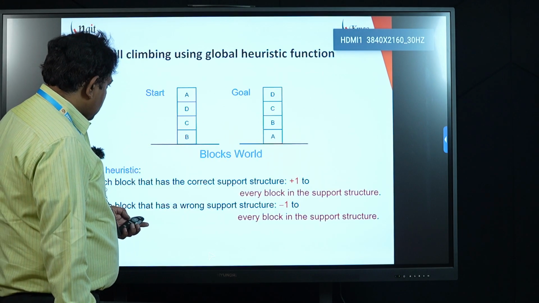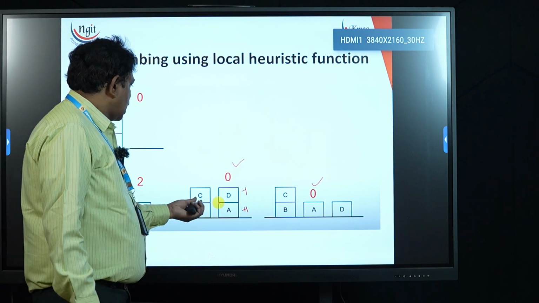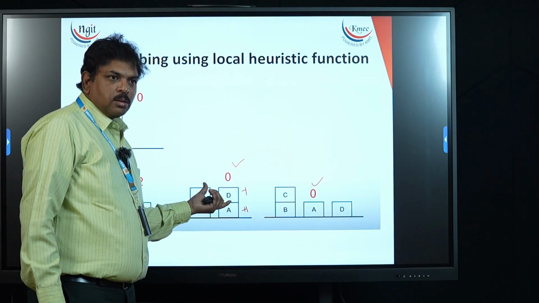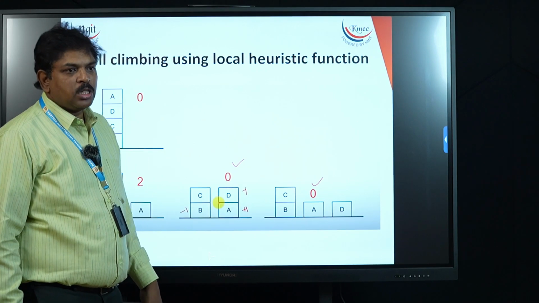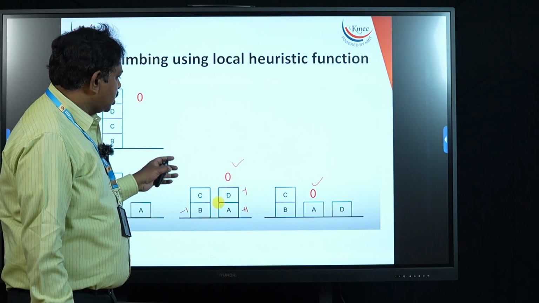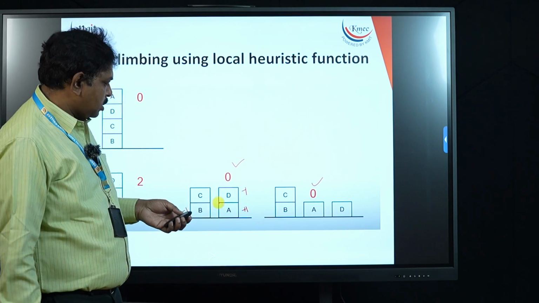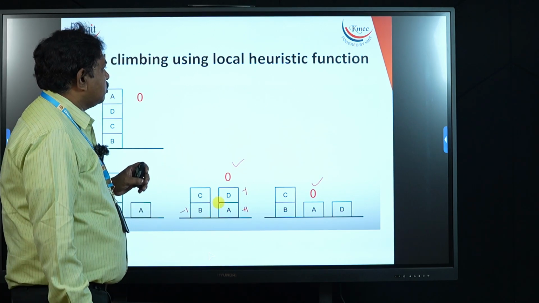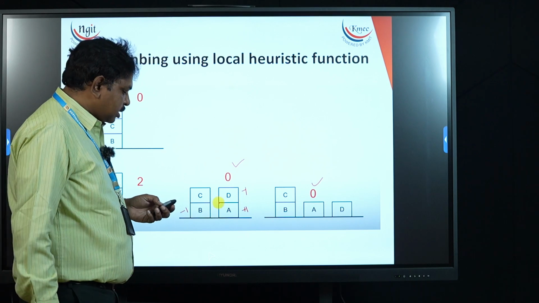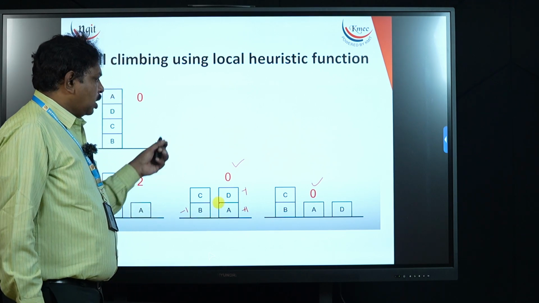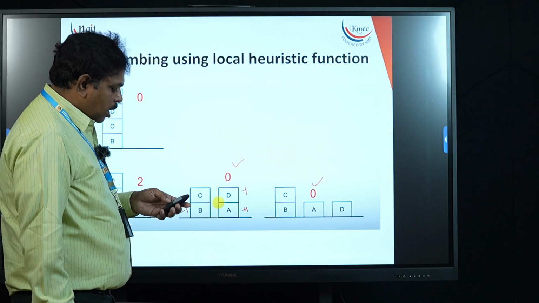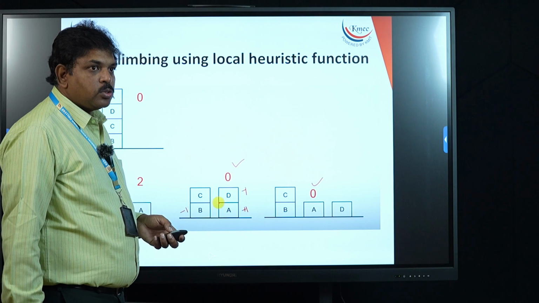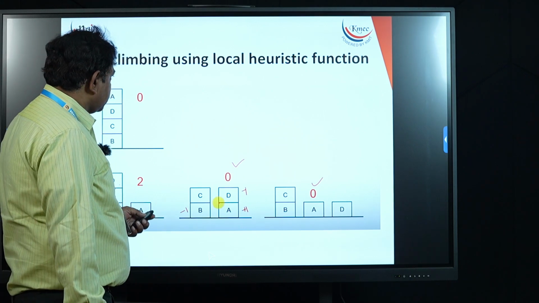So here the problem is I reached a 0, 0 state, which means I have not reached the goal state, but my estimations are giving 0, which means from this point I cannot reach my goal state. The problem is in my heuristic function, how I calculated my estimations to reach the goal. Here I applied a local heuristic, which is why I cannot solve it, because it is giving 0, 0, meaning there are no further moves in the solution.